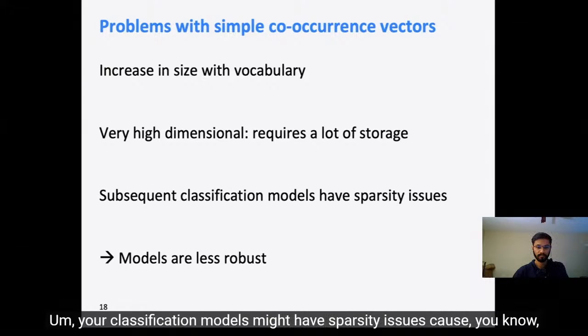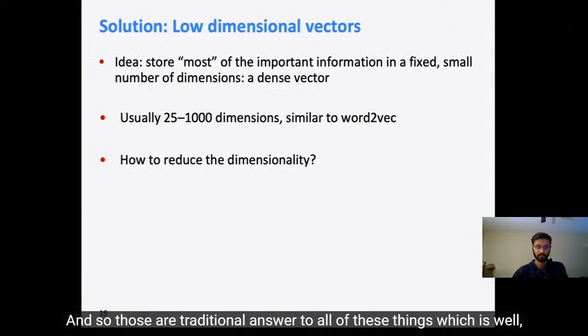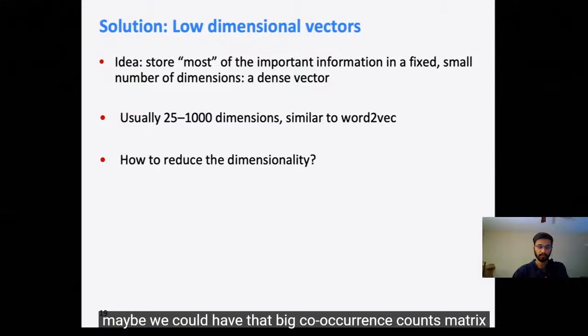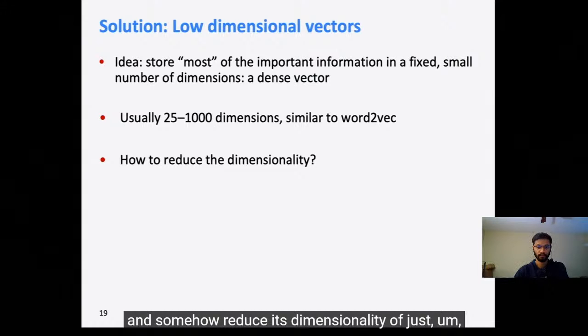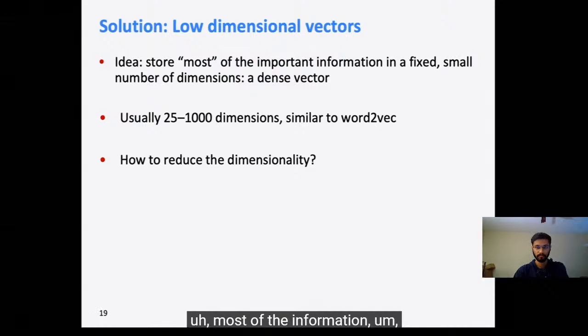Your classification models might have sparsity issues because a lot of those cells aren't present, and so might not be very robust. And so there was a traditional answer to all of these things, which is, well, maybe we could take that big co-occurrence count matrix and somehow reduce its dimensionality, finding a corresponding low-dimensional matrix which preserves most of the information in the original matrix.